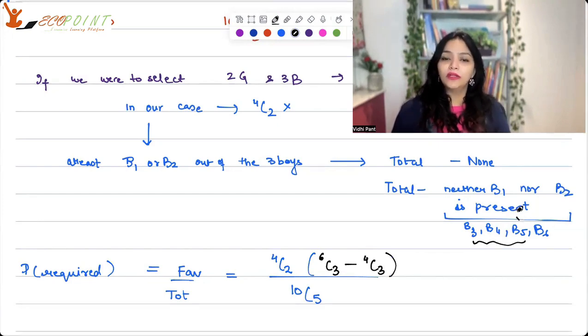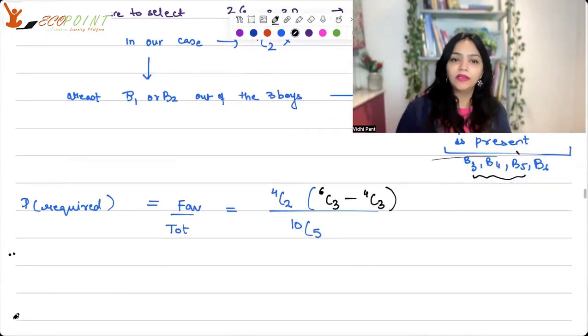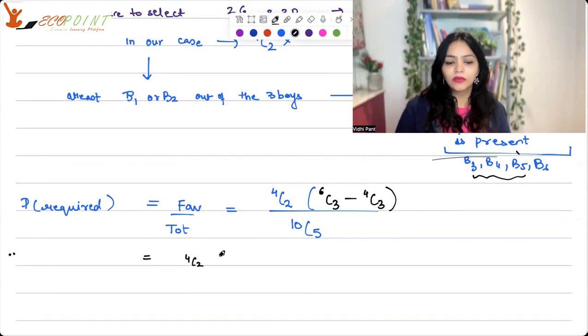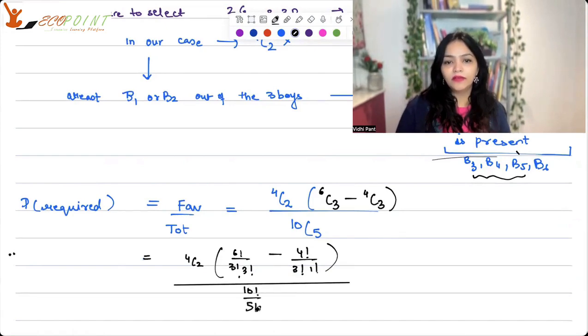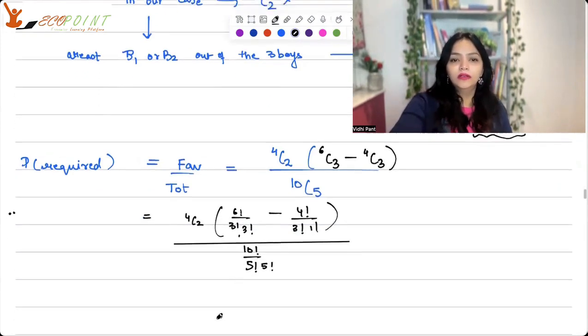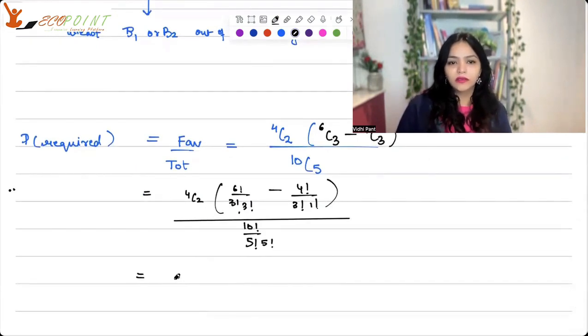So we will now solve in order to get your answer. Now we can simplify and get our answer. So this makes it 4C2 into 6 factorial upon 3 factorial, 3 factorial minus 4 factorial upon 3 factorial into 1 factorial, whole thing upon 10C5. 10C5 is 10 factorial upon 5 factorial, 5 factorial. 4C2 means 4 into 3 upon 2.